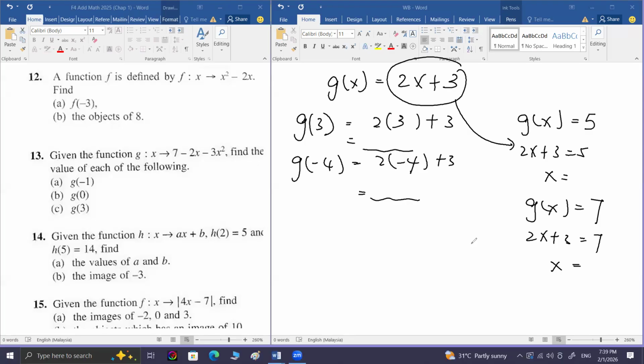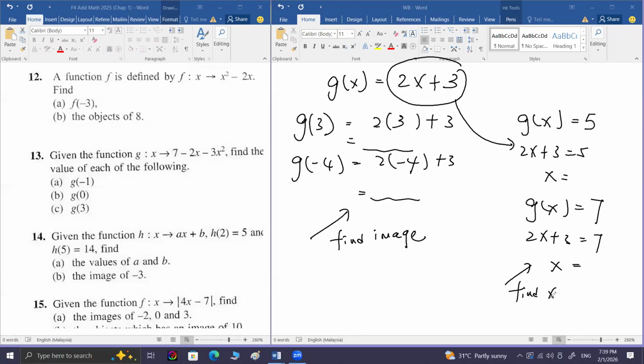See the difference? If I put a value here, substitute all the x with the value. This one is find the image. If given like this, means find what? Find x. See the difference?